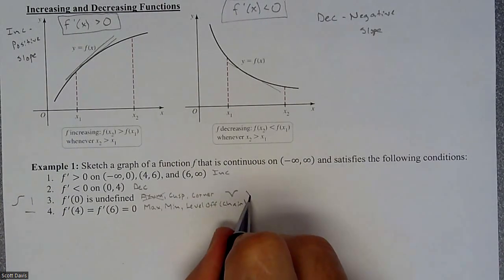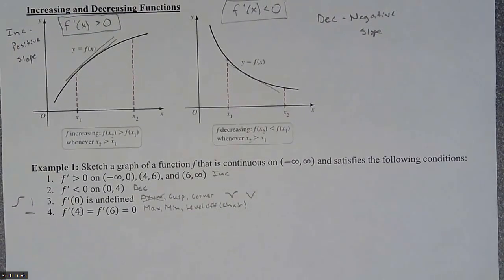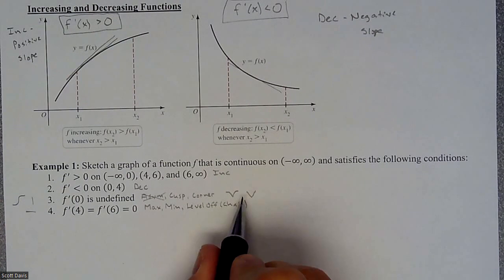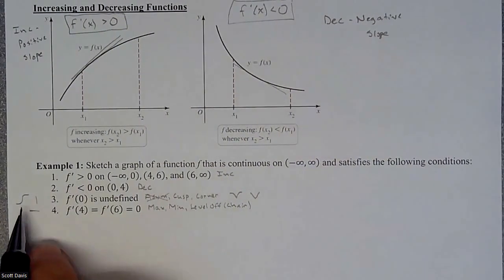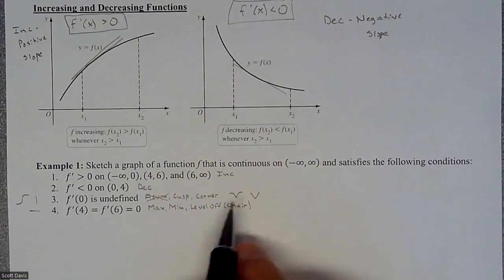A corner would be more like an absolute value kind of thing. And the idea for the undefined is because it's not differentiable. Differentiable means that you're going to have this nice transition from one slope to another, and this has a very abrupt change in it. So it could be a cusp, could be a corner, a bunch of different things.